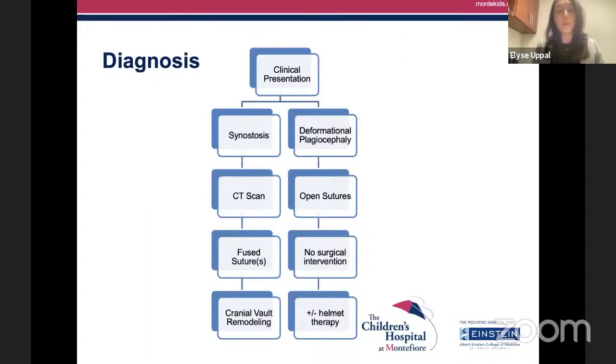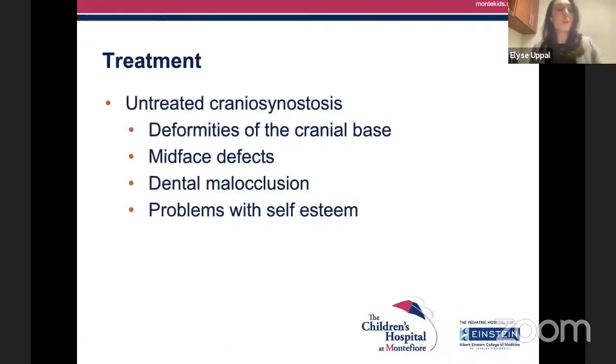There may be helmet therapy, there may be other non-invasive interventions that we can do for those patients. So why do we treat? Untreated craniosynostosis can lead to deformities of the cranial base, mid-face defects, dental malocclusion, and of course, issues with self-esteem.